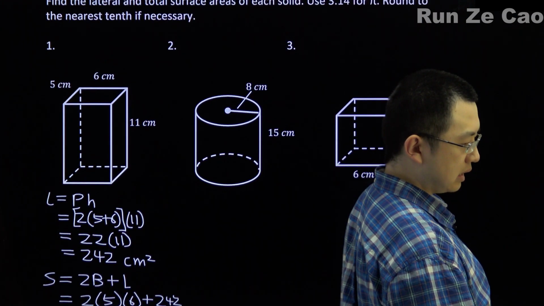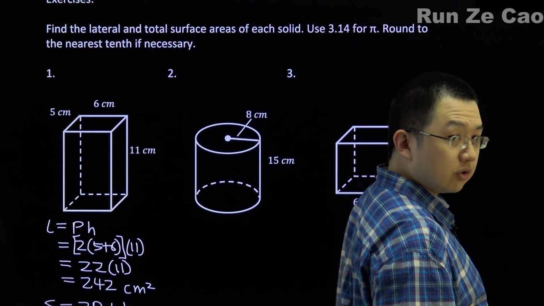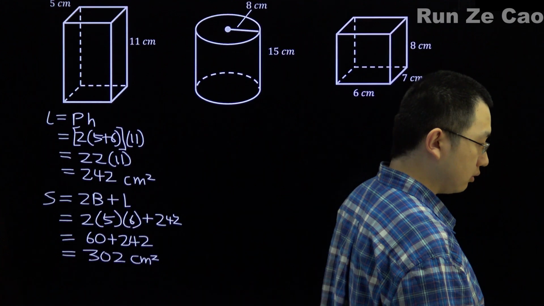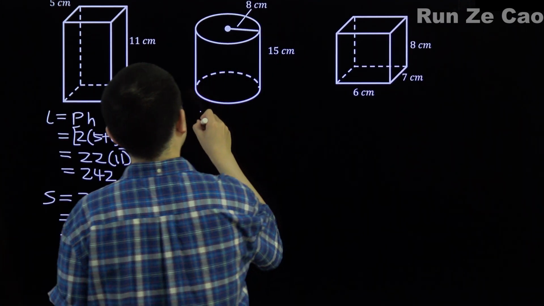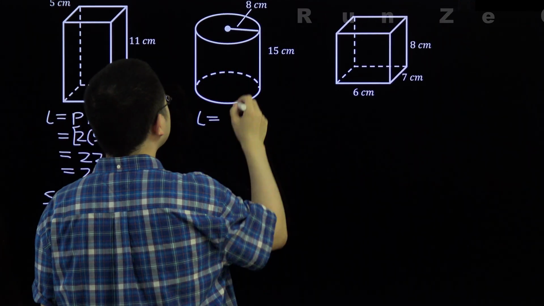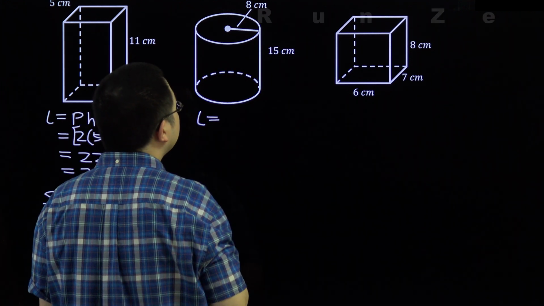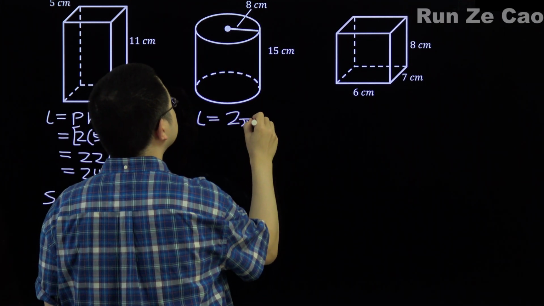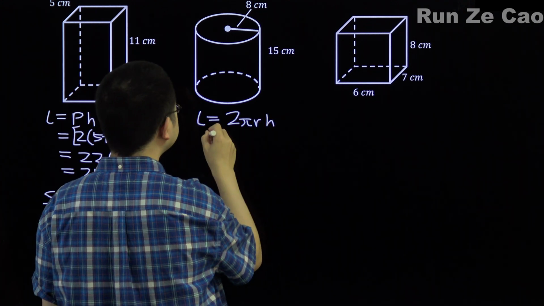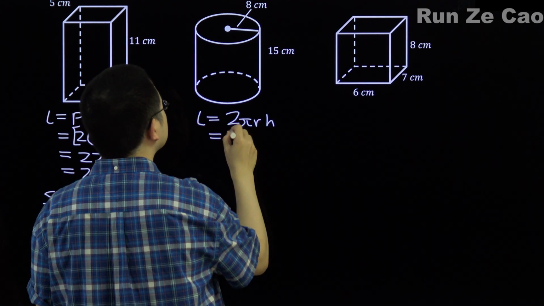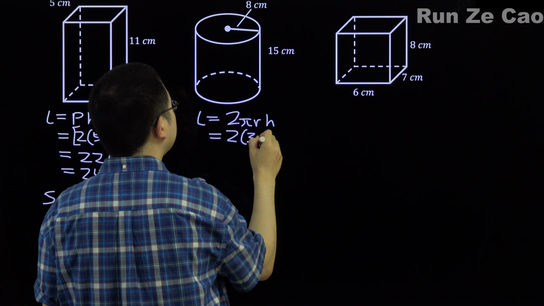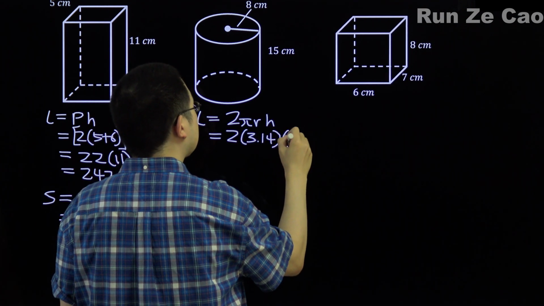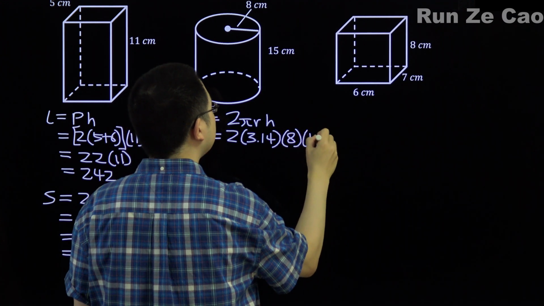How about this cylinder? Oh, we're supposed to use 3.14 for pi. Okay, so the lateral, we know that it's the perimeter of the base, in other words, 2 pi r, times the height. So 2 times 3.14, and the radius is 8 centimeters, times the height, which is 15 centimeters.